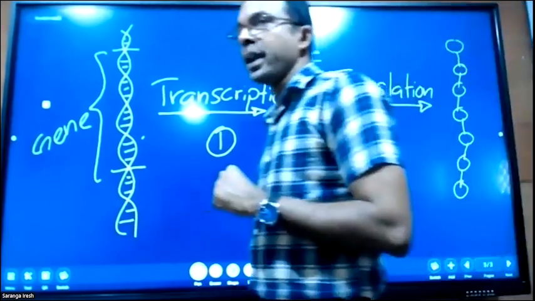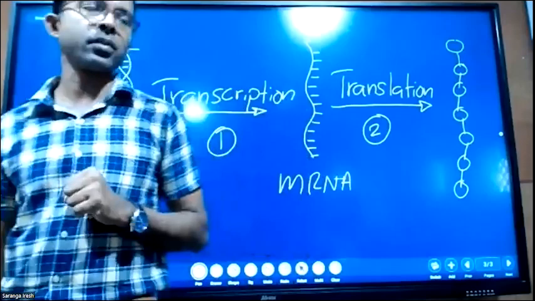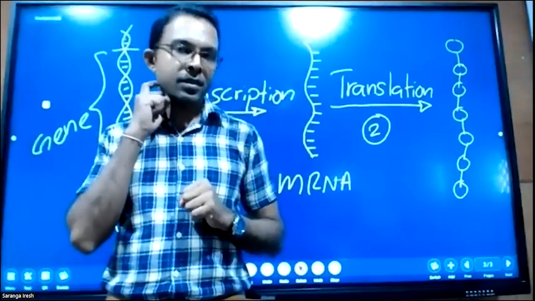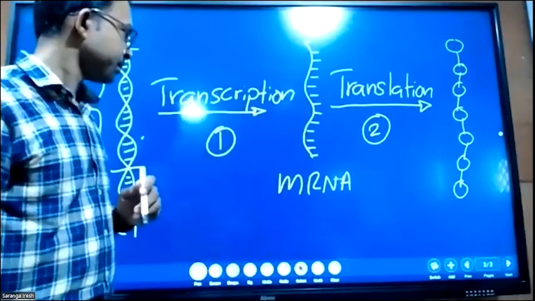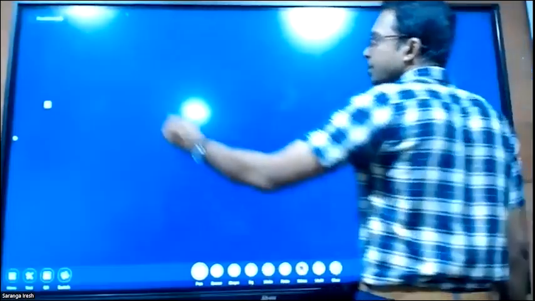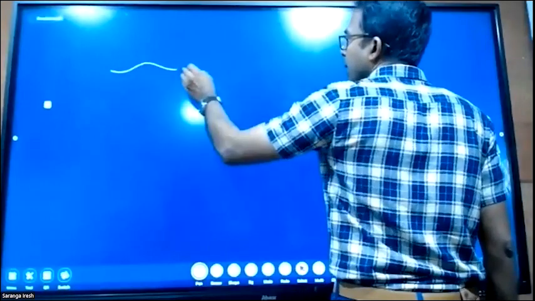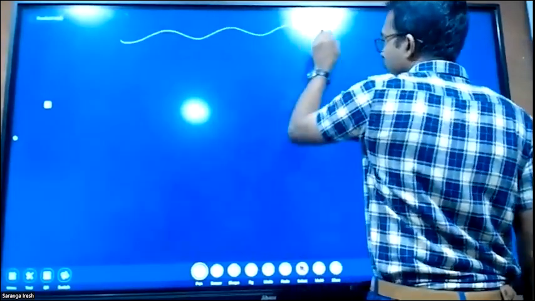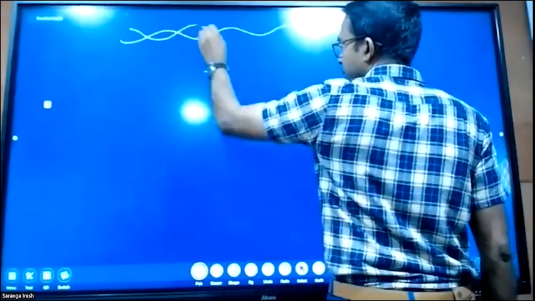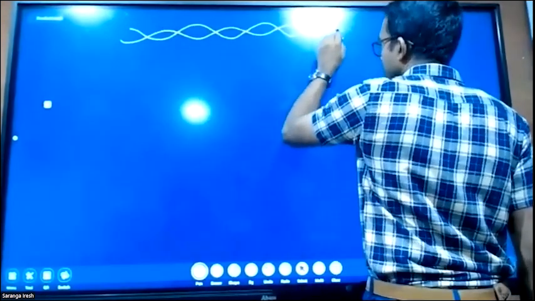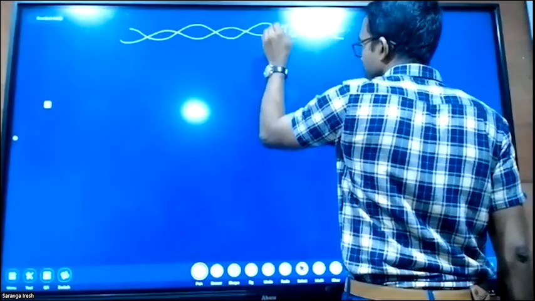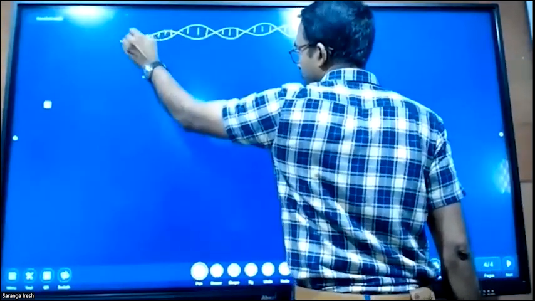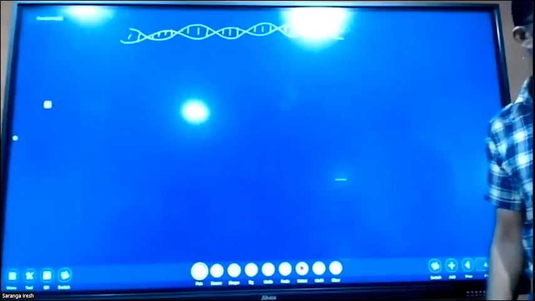Then let's see the mechanism of the transcription process. Okay. Now, this is the DNA molecule.